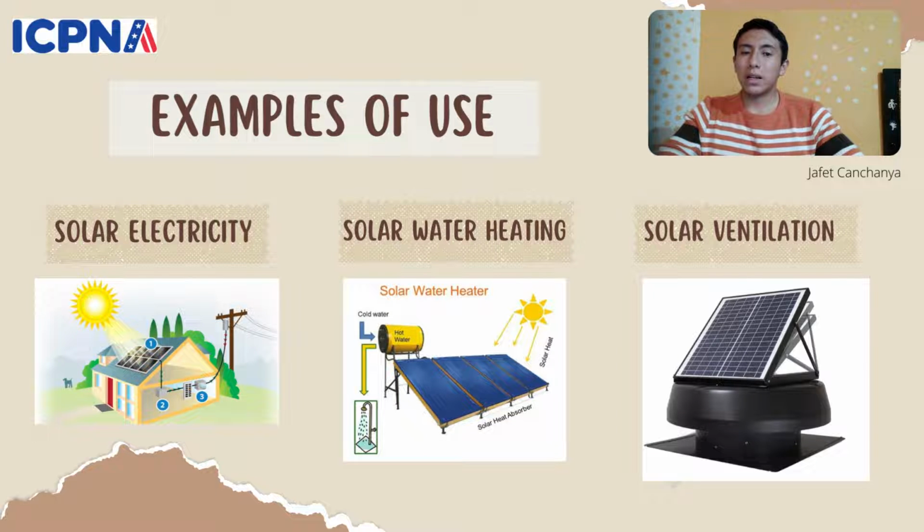Cooking and providing a power source for electronic devices can also be achieved by using solar energy. I am really surprised to hear that because I didn't know about this information. I think these are wonderful examples of use of solar energy.